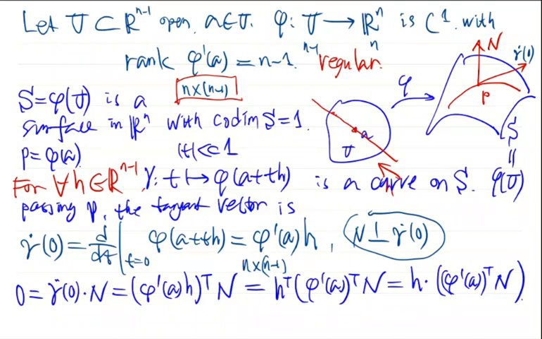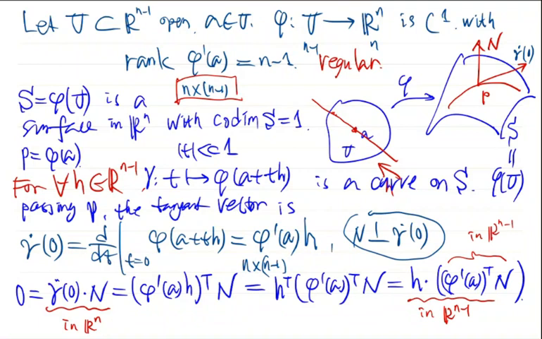I remind you that this is an inner product in R^n because gamma dot 0 and N are all vectors in n-dimensional space. Here this inner product is in R^(n-1) because h is an (n-1)-dimensional vector, and as you can see, this is also a vector in R^(n-1).